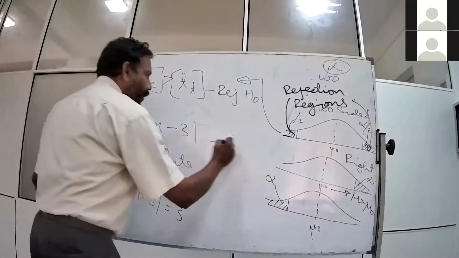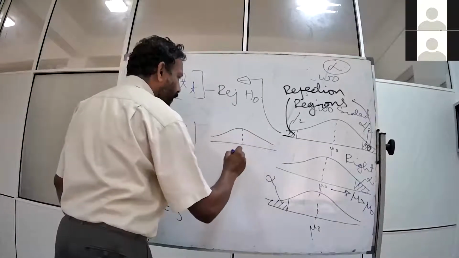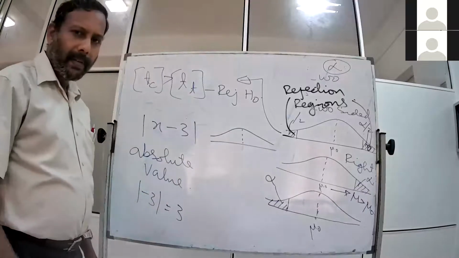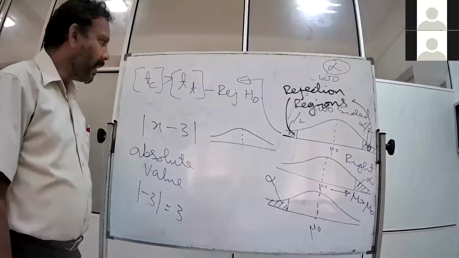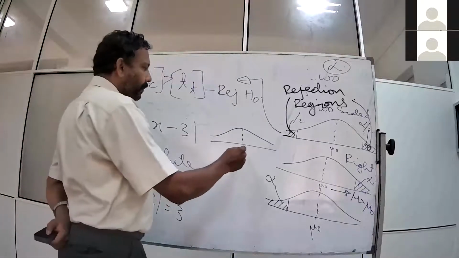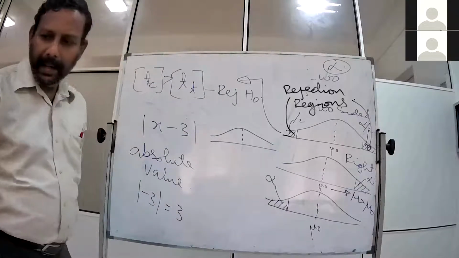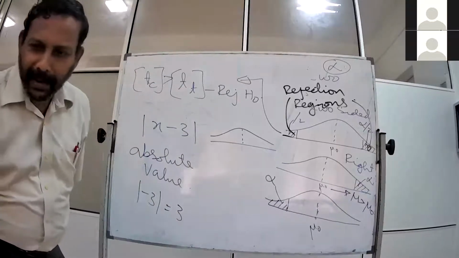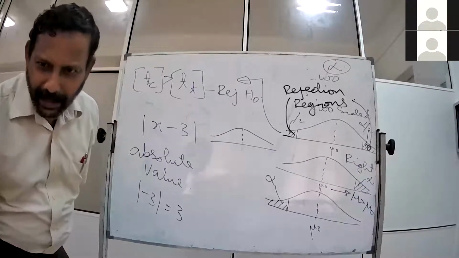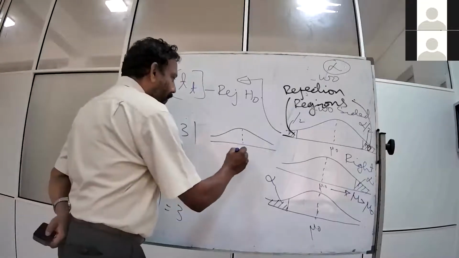Why? Can you remember what is the minimum and maximum value of the T distribution? What is the mean value of the T distribution? We talked about the T distribution, not last week, the week before that. Zero, sir. Yes, zero.